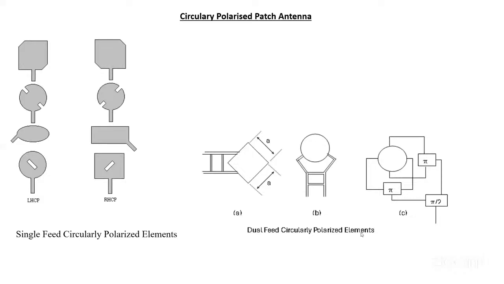In personal communication, we generally use linear polarizations. In satellites, since the satellite is far away and we don't know the orientation, we end up using circular polarization. Circularly polarized antennas are generally complex in nature, unlike linearly polarized antennas.